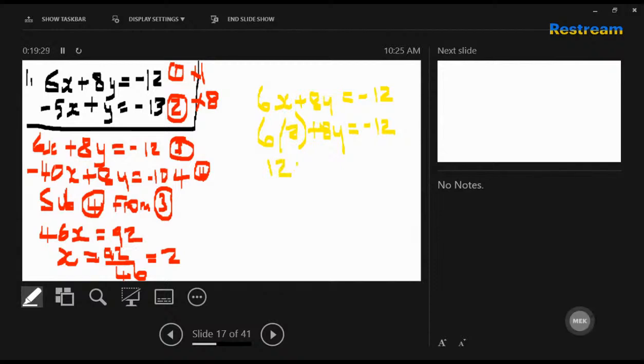So 12 plus 8y gives negative 12. So 8y is equal to negative 12 minus 12, which is negative 24. So y is negative 24 divided by 8.